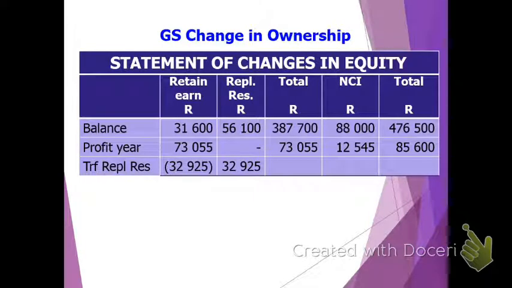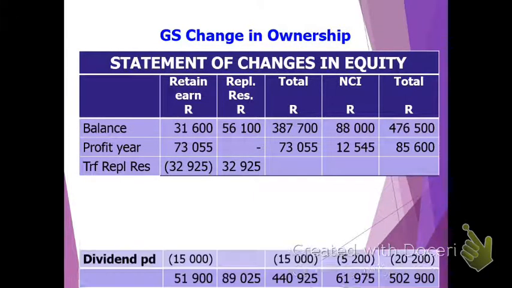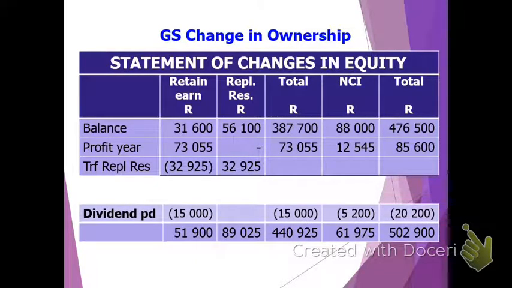Now that you've calculated those figures and calculated the transfer to the replacement reserve, minus retained earnings plus replacement reserve, you must also allocate the dividend paid, and remember, please remember, the dividend that we show in retained earnings is only the dividend paid by the parent to its own shareholders. The 5,200 dividend paid to the non-controlling interest is the dividend that was paid by the subsidiaries to their outside shareholders.